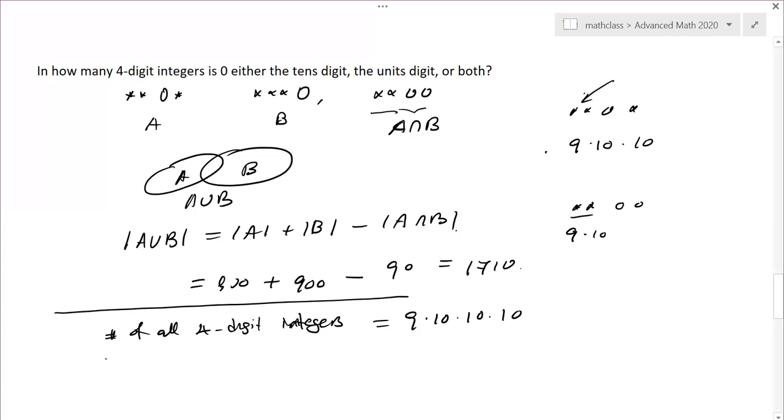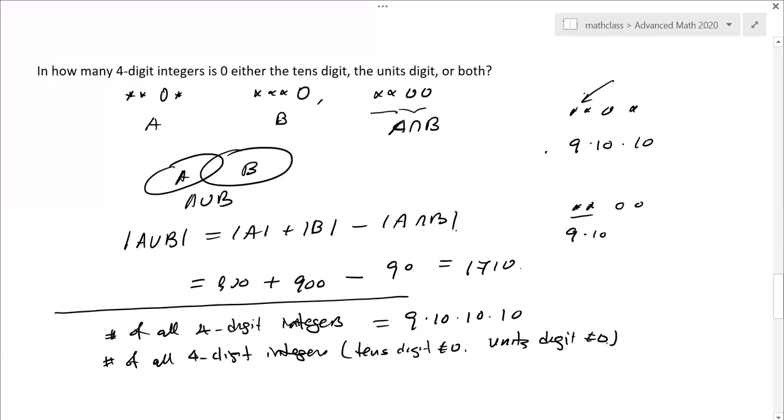Then I just need to see the number of all 4-digit integers such that the tens digit is not 0 and the units digit is also not 0. How to count them? First of all, you have 9 choices for the first digit.